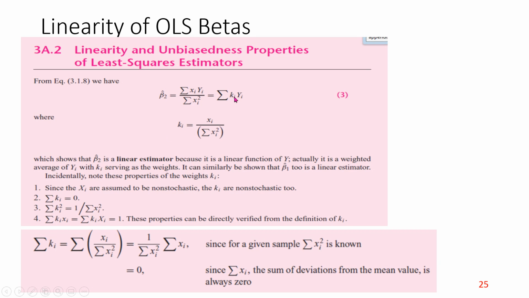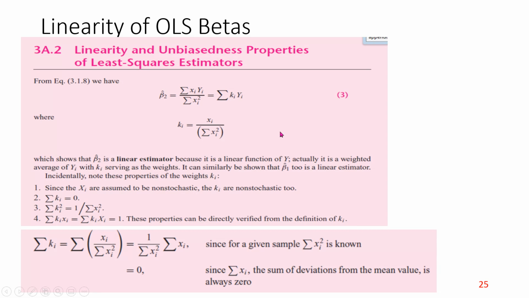Which means now you can easily see that this becomes a linear function of yi, because these ki are simply the weights. So beta 2 hat is equal to sum of some weights multiplied by yi. So that means that this is a linear function of capital Y.